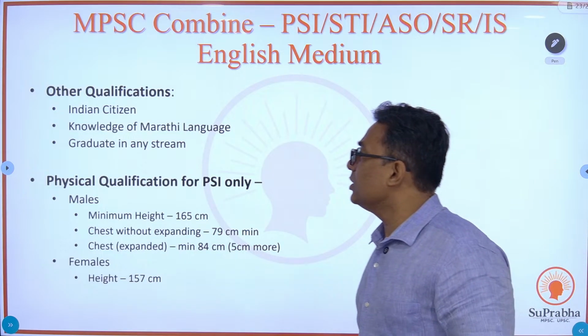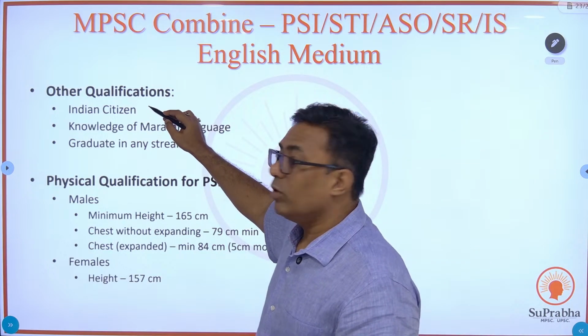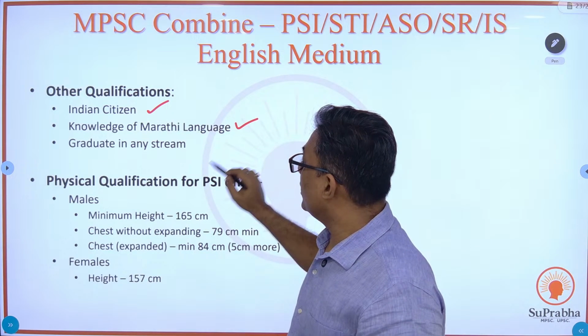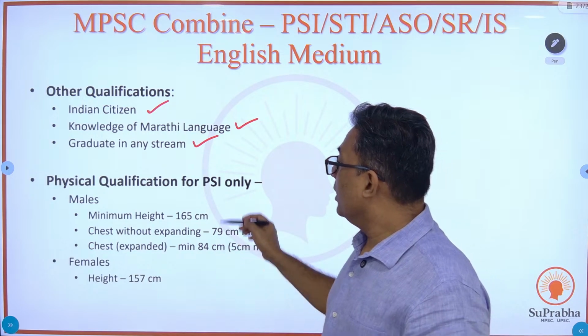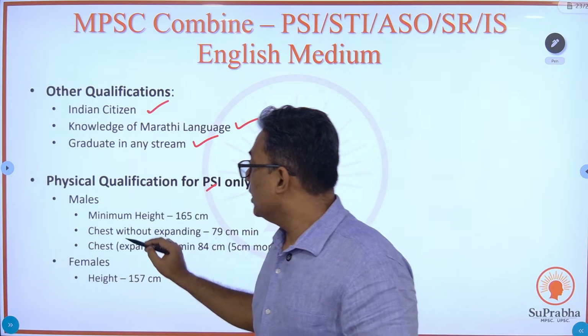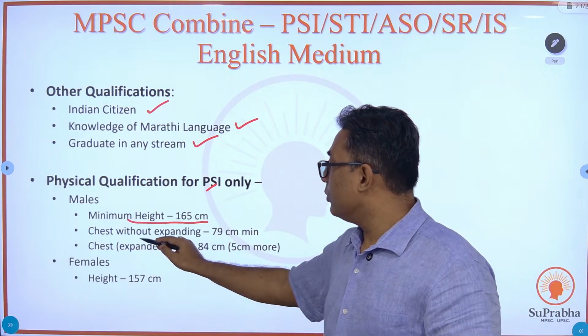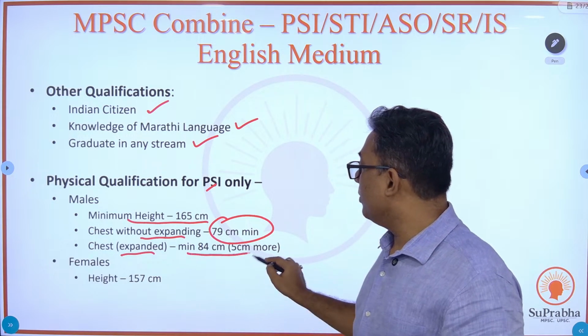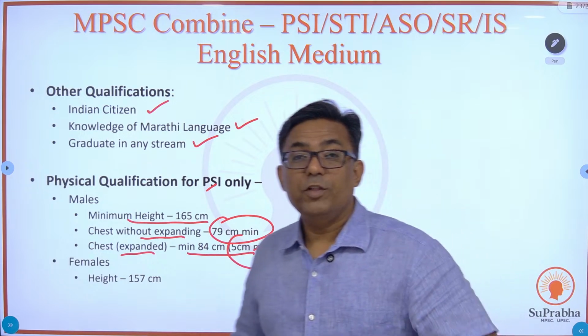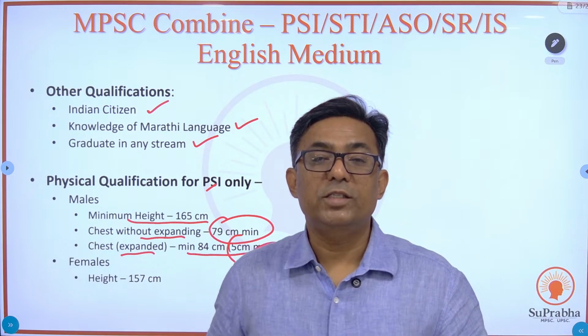Other qualifications, these are very natural qualifications: Indian citizen, knowledge of Marathi language, graduate in any stream. And physical qualification, male 30, minimum height is 165, chest without expanding is 79 centimeters, and chest expanded is minimum 84. That means without expansion, the chest should be minimum 79 centimeters.